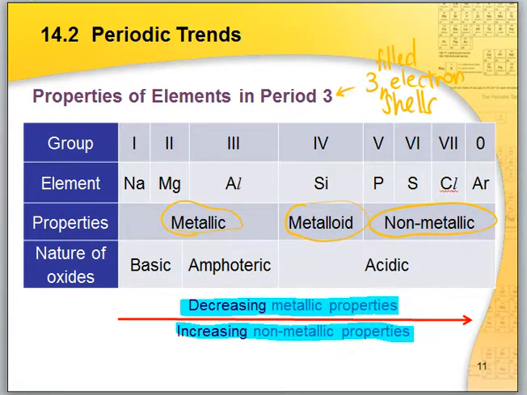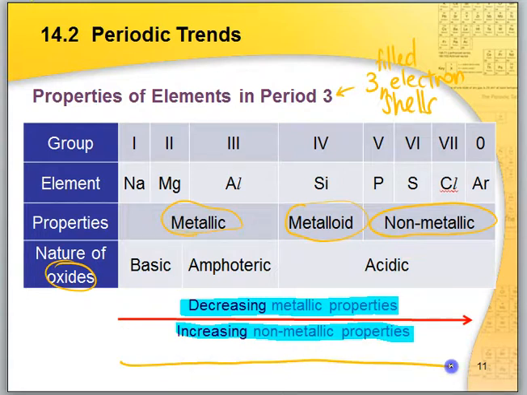The other thing is also about the nature of the oxides. This is what we covered in acids and bases. Sodium and magnesium belong to the basic oxides. As you shift along, it becomes amphoteric, then it becomes acidic. So from basic to acidic, that's the nature of the oxides.